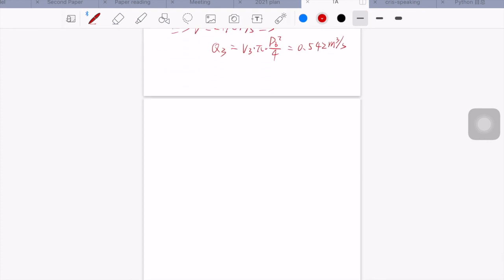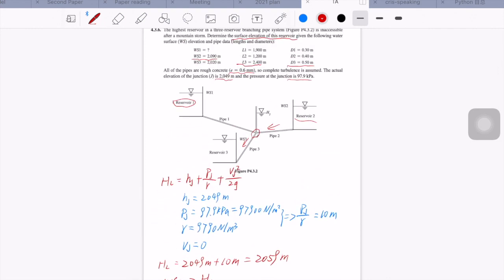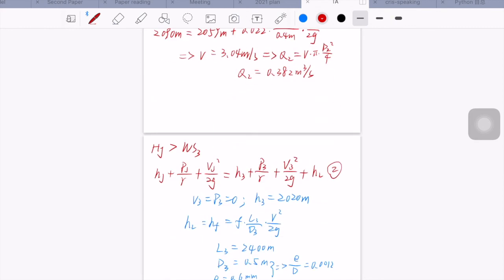Now, based on the mass balance at the junction, and the reservoir 1 is the highest reservoir, the flow should be from the reservoir 1 to the junction.